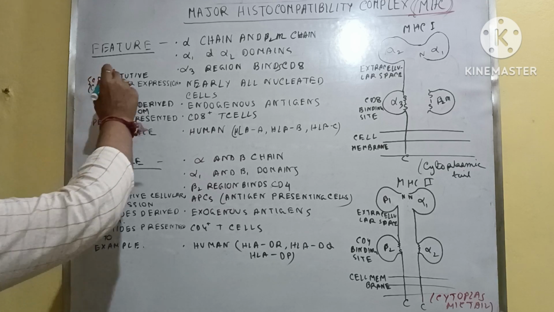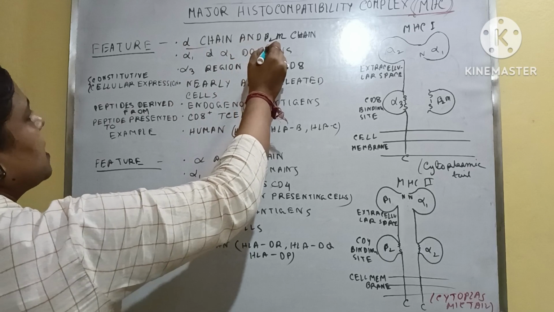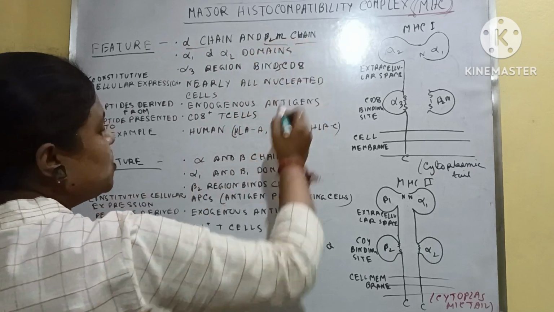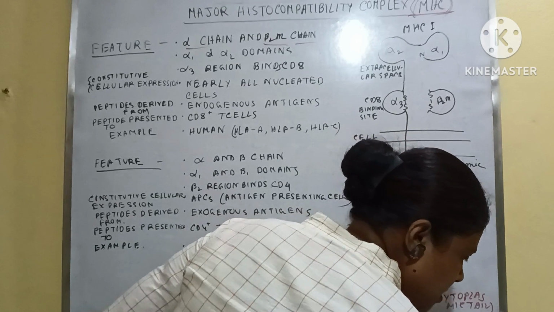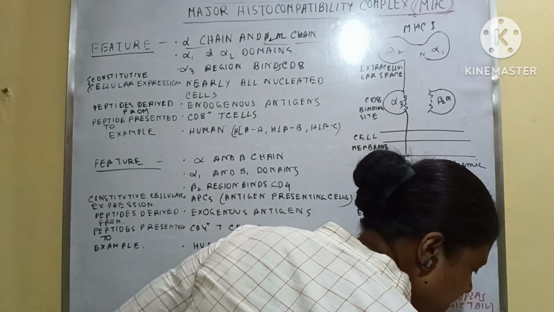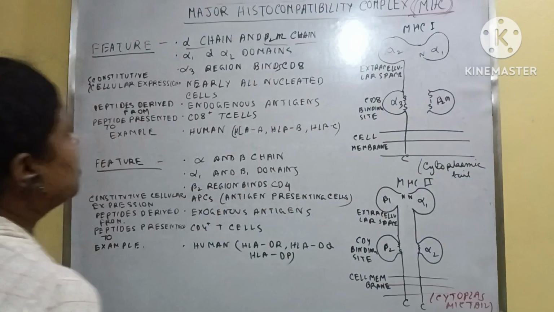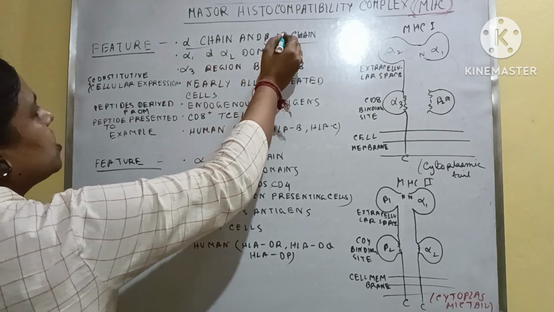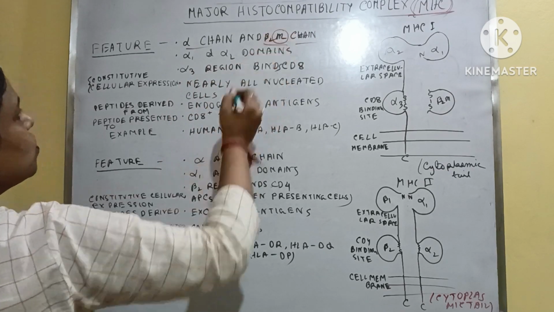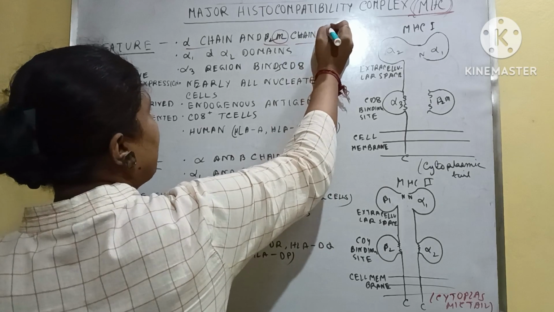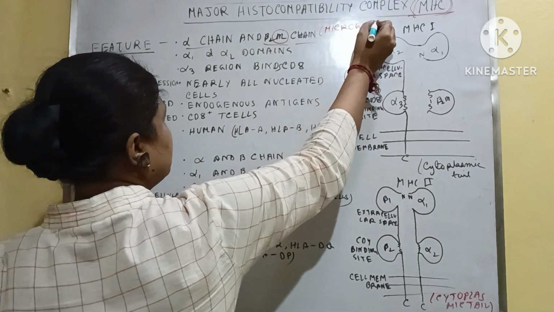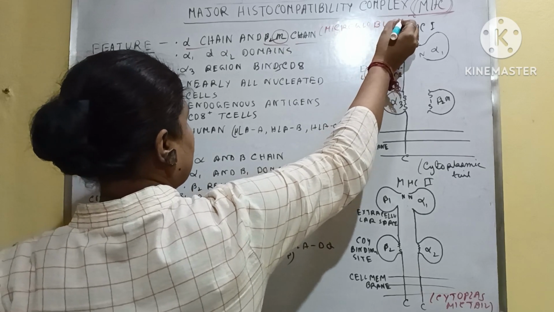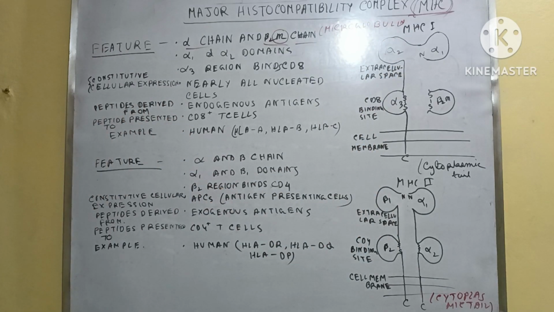The first feature: the alpha chain and the beta 2M chain, where beta 2M means microglobulin. So the alpha chain and beta 2M chain are present here.